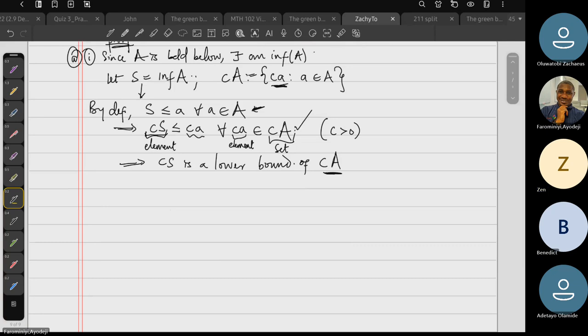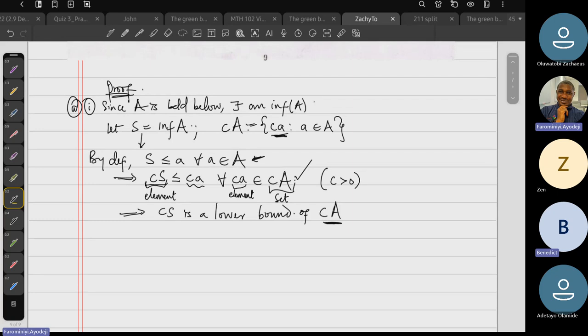Good. So where does that lead us? We know something about S, but we don't know much about CS yet. The only thing we know about CS is that it is a lower bound of CA. So we need to show that it is the greatest lower bound.